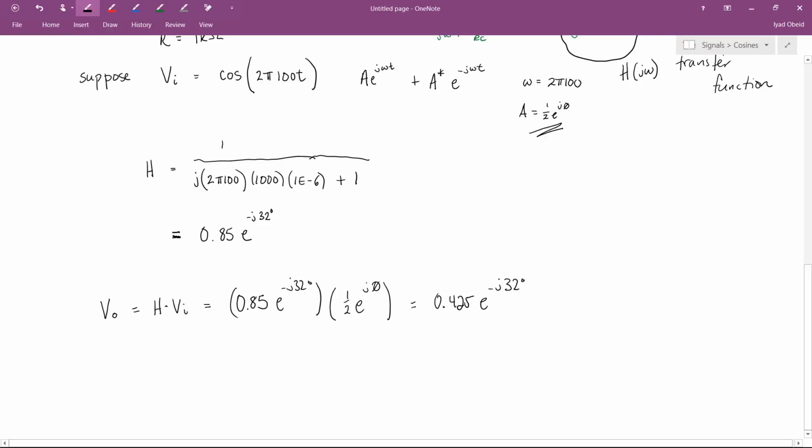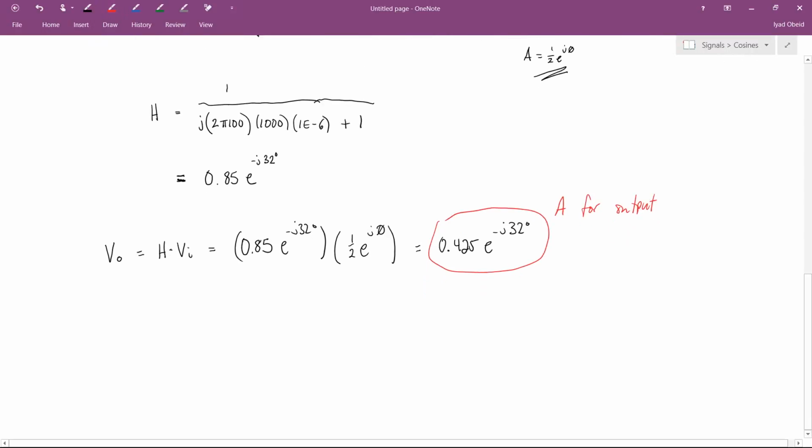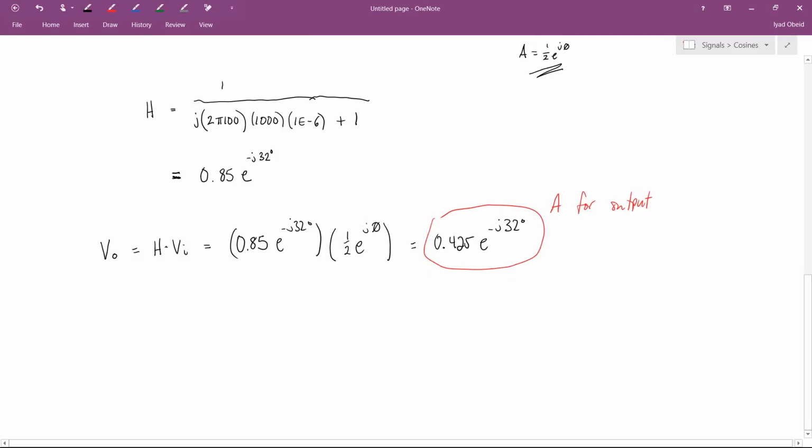And what I have now is the A value for my output. And since nothing else changed, since nothing affected the frequency of my signal, my output is still going to be a cosine at the same frequency.